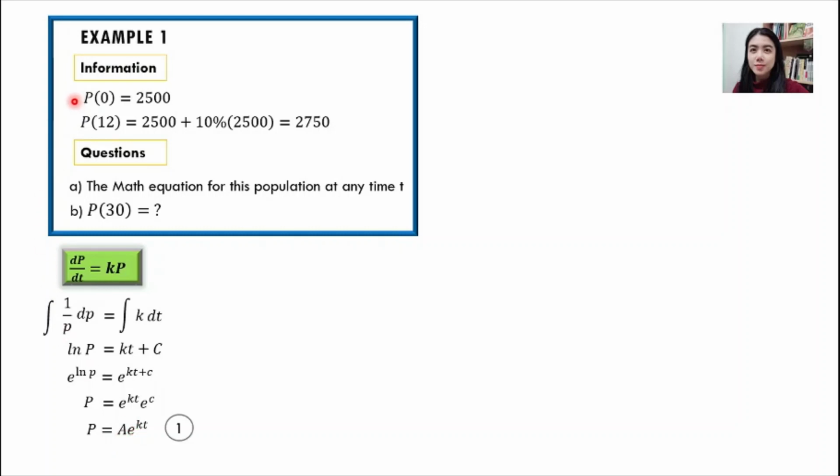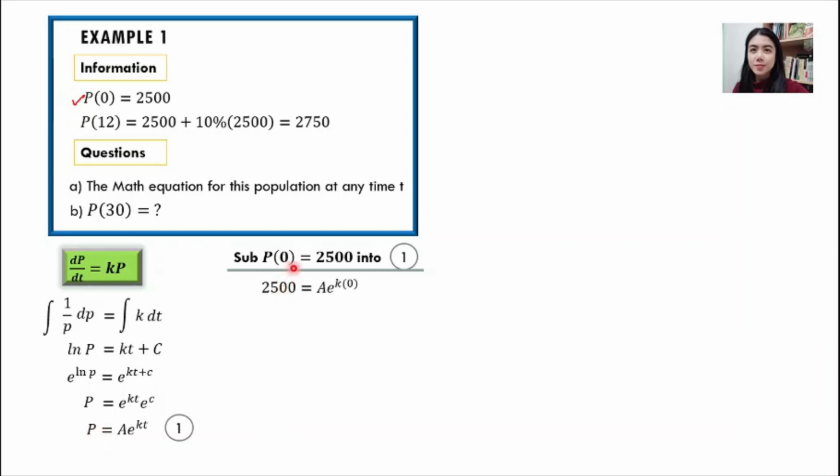Let's look at the first information, that is the p at time equal to 0 is equal to 2500. We're going to substitute this information into equation 1. Your population is 2500, so we substitute p is 2500.